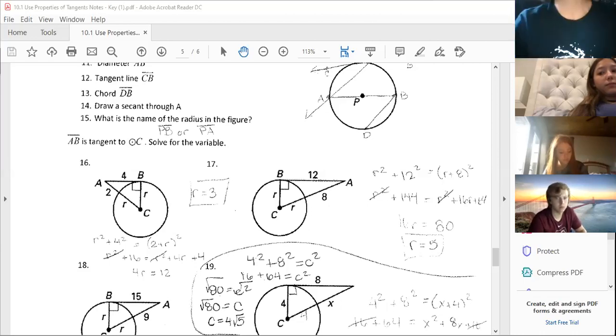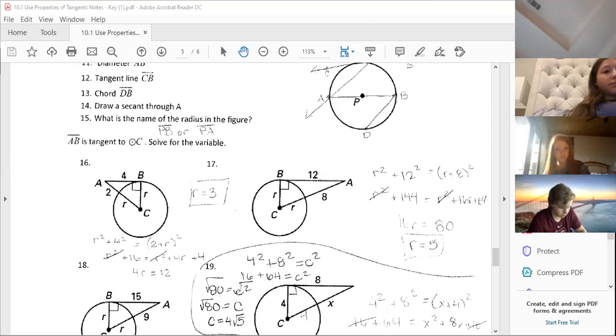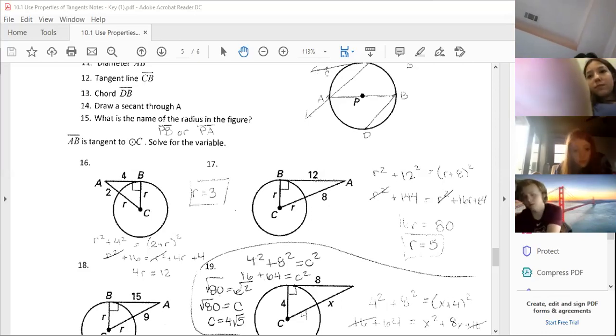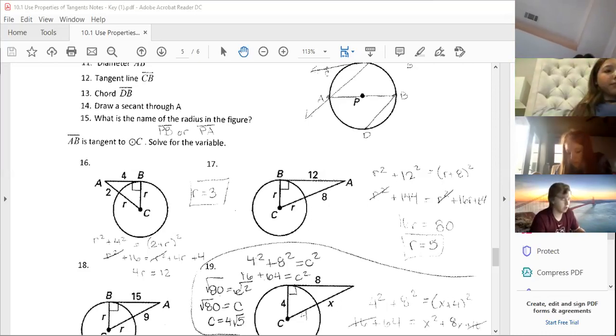So you have the 2 legs, so r squared plus 4 squared equals, you can write it 2 plus r or r plus 2. Either way, you have r squared plus 16.